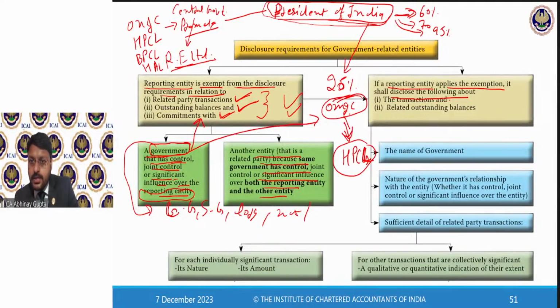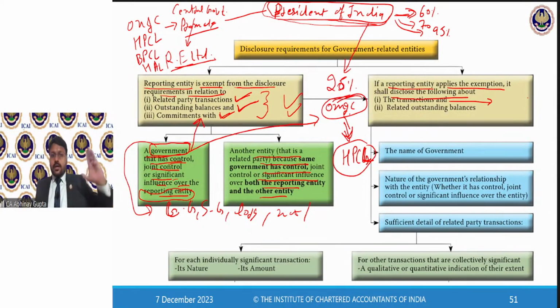It needs to disclose the transaction. So in the exemption section, they are saying that exemption from the normal disclosure is there, provided these special disclosures are done. These special disclosures are again the transaction itself and the outstanding balance itself.